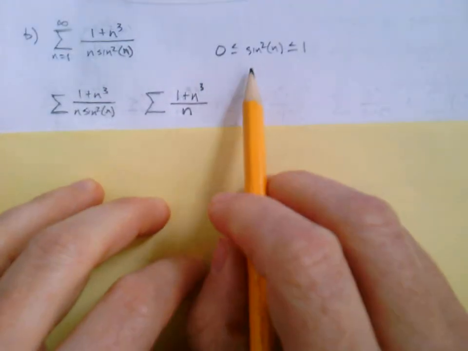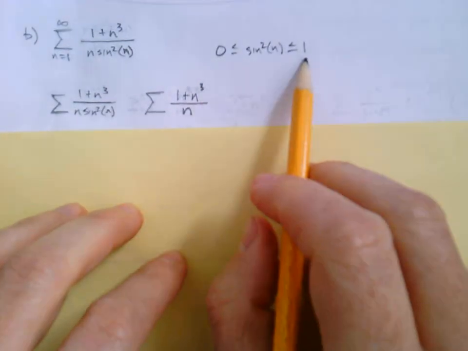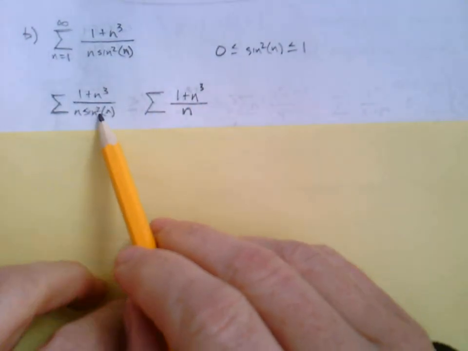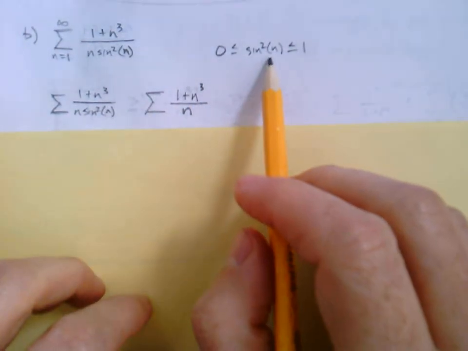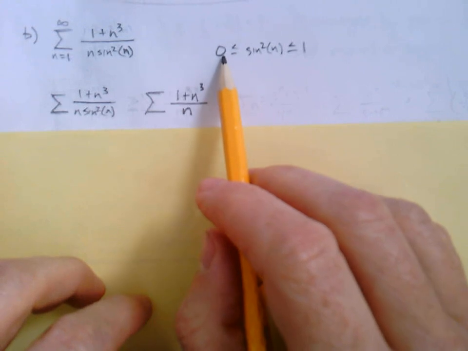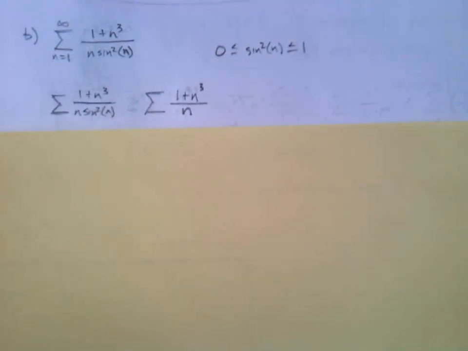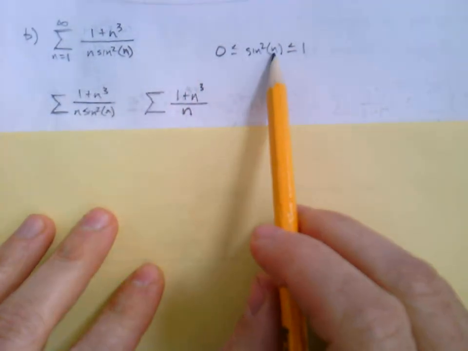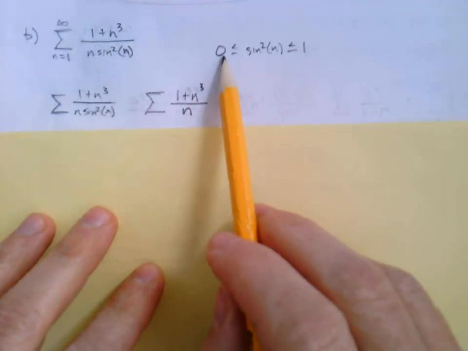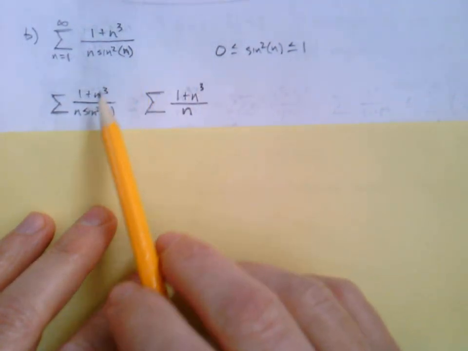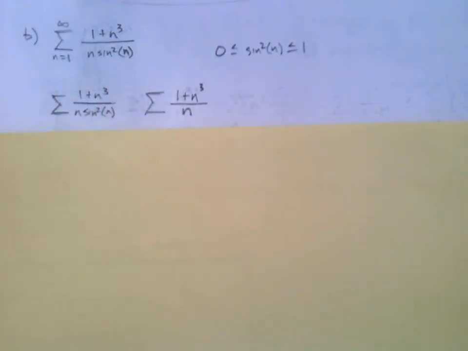well, it's going to be positive, right? And it's going to be less than or equal to 1. So we are removing something that is somewhere between 0 and 1. And I think we're assuming there's no value of n that we'd plug in to give us 0 and make us divide by 0. That would be like a pi or something, which is not going to happen.